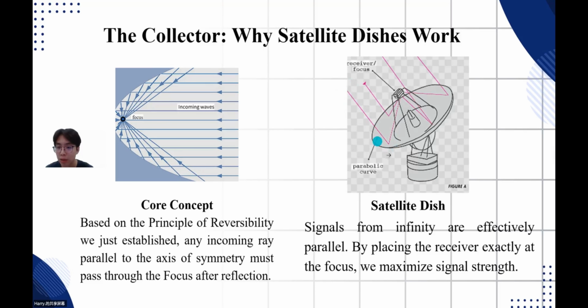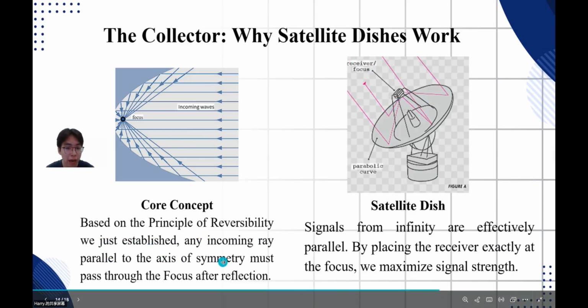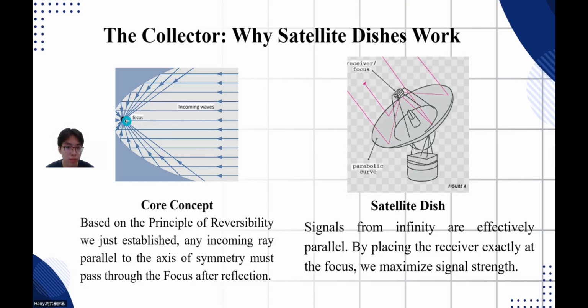Here is the parabolic curve, and the signal from infinity is parallel, shown by the pink line, and is concentrated on the focus. This is the receiver focus. The core concept is based on the principle of reversibility. We just established that an incoming ray parallel to the axis of symmetry must pass through the focus after reflection.